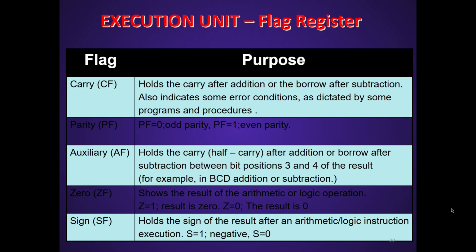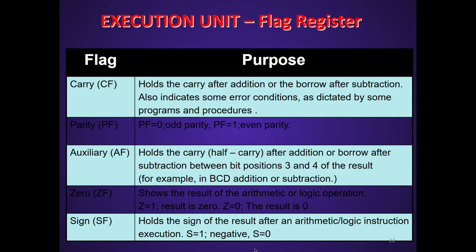The carry flag is set whenever we do addition and carry, or subtraction and borrow, one number, which indicates the condition of carry. The parity flag is used whenever we do even and odd programs; the parity flag represents zeros and ones.